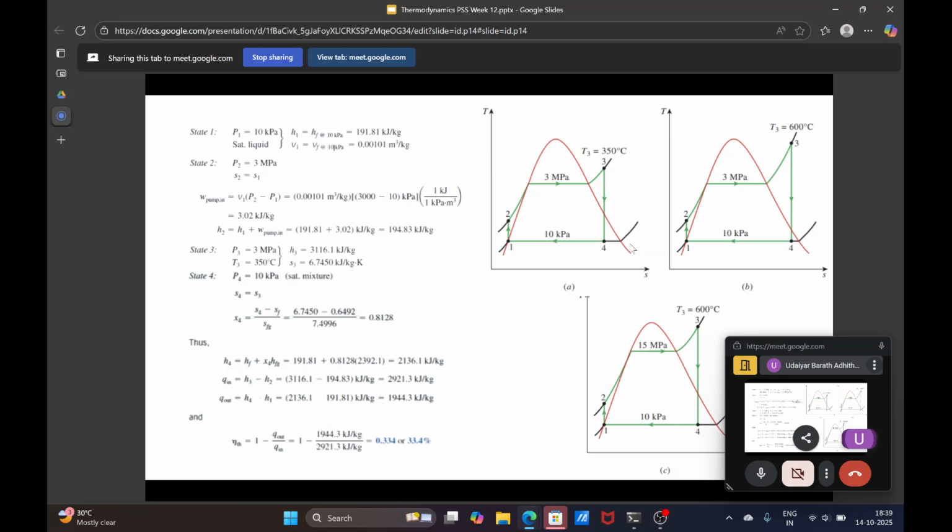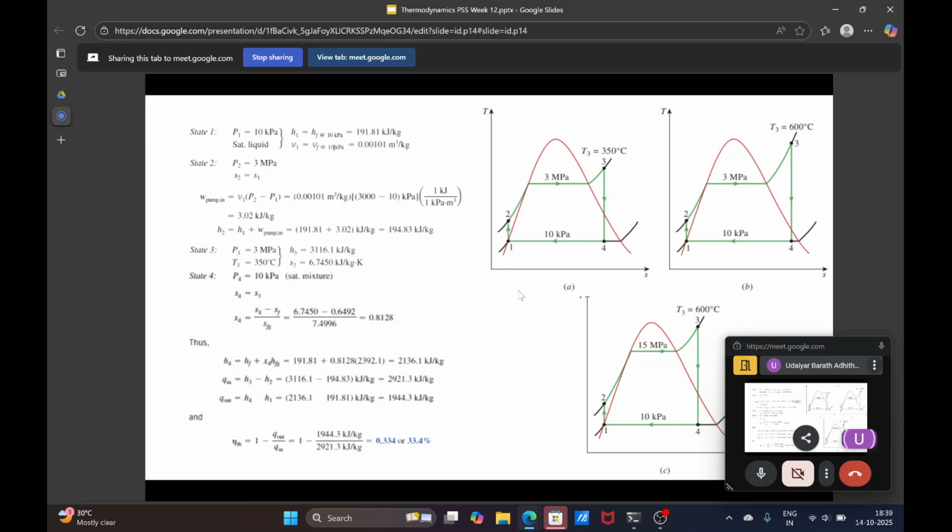You have a vapor dome, operating between 10 kilopascal and 3 megapascal, and all the four processes. What we know is that state 1 is your saturated liquid. From 1 to 2 we are pumping it.